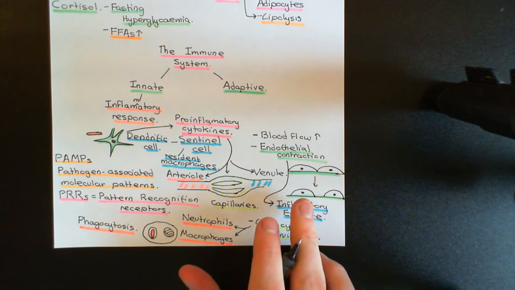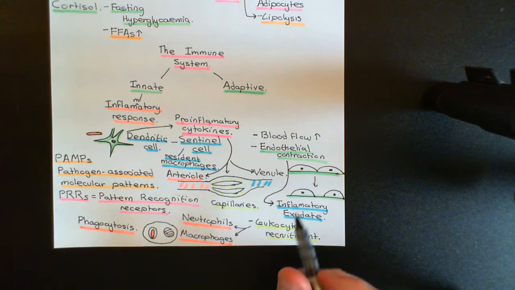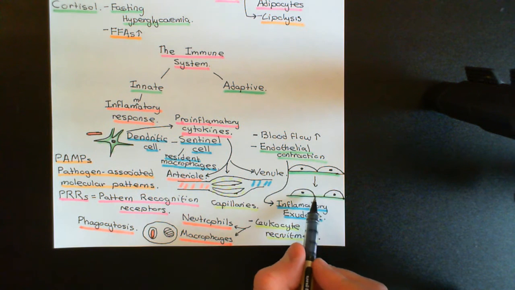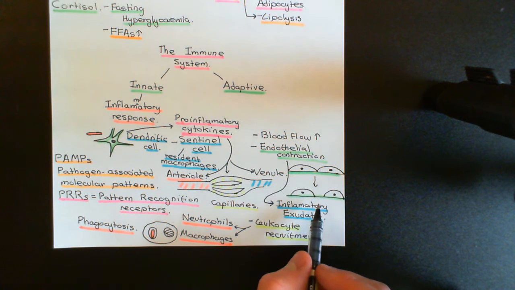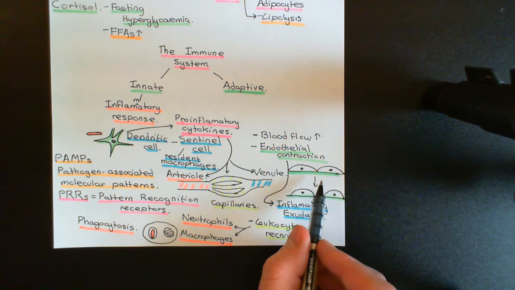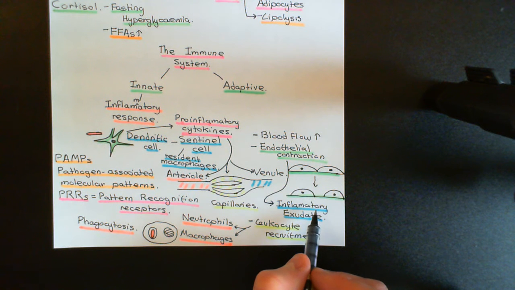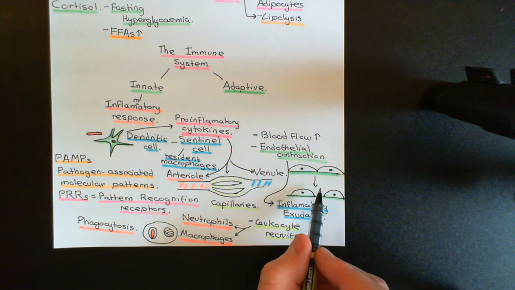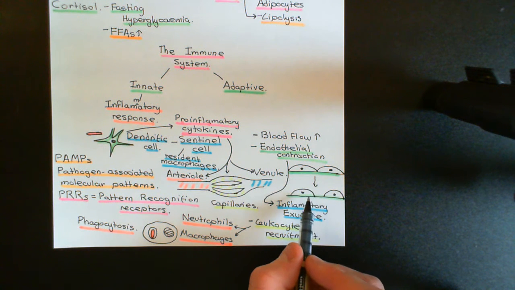And this is a change that the endothelial cells have to make. We've talked about how the endothelial cells will contract down and open up gaps in between them. These gaps are not big enough for leukocytes, such as neutrophils and macrophages, to fit through on their own. In order for a white blood cell to leave the bloodstream and go into the interstitial fluid, it has to get a lot of help from the endothelial cells.